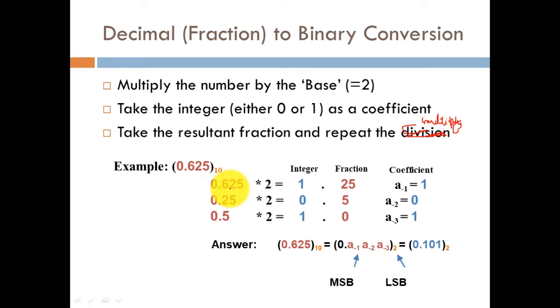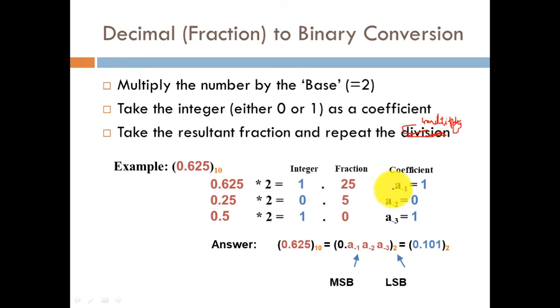So we are left with 1.250. Here the integer part turns out to be 1, and the fraction is 0.25. We write the integer separately as the coefficient. Whatever value the integer has, whether 0 or 1, we write it down separately, so a of minus 1 turns out to be 1.